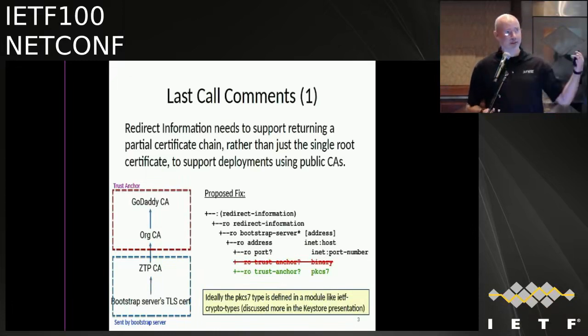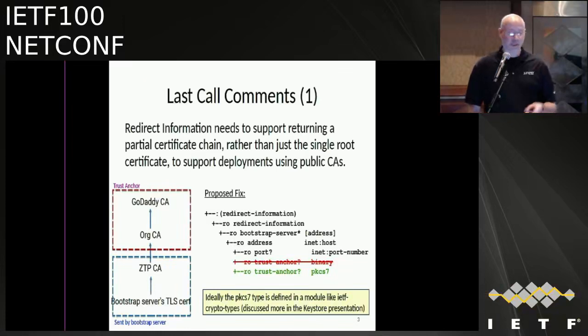From that public CA, they were issued a server certificate, but through the mechanisms, they could only put the public CA certificate, the root certificate. The reason is that not all tools support the notion of partial certificate chain verification. OpenSSL supports it, but not all tools do.